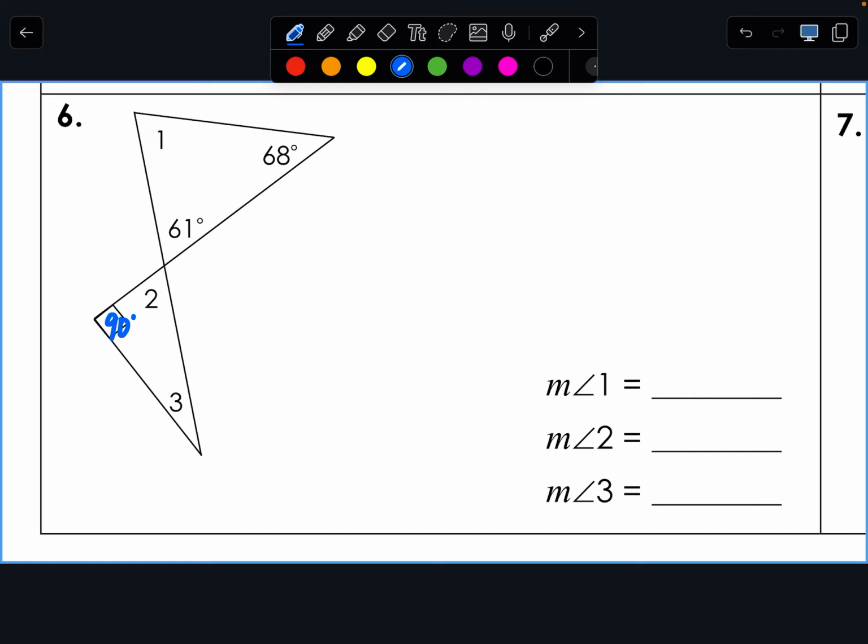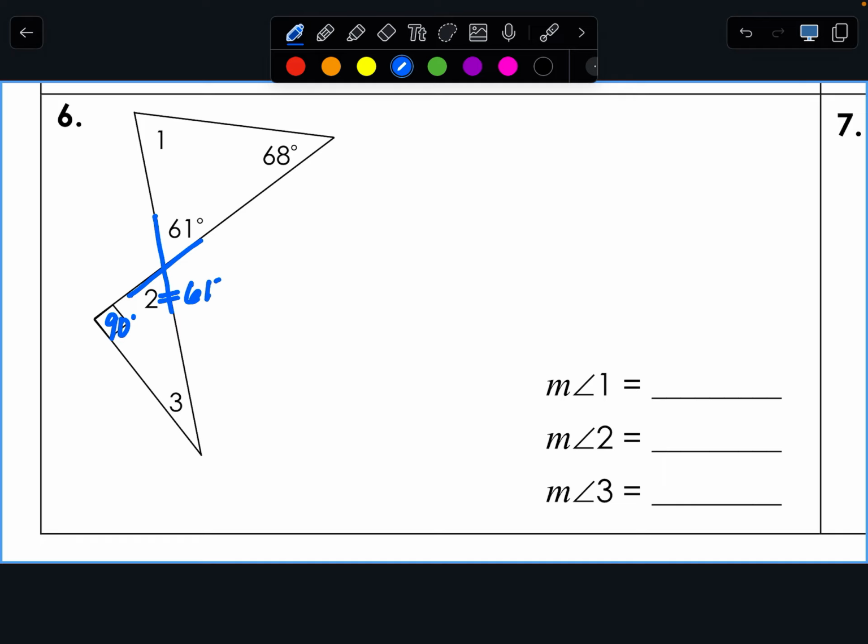That's a number. Don't forget to use that number. Tell me what you know about angle 2. Angle 2 has a special relationship with one of the other angles. 61. It's 61 because these are vertical angles. So that means that angle 2 is 61 degrees also.